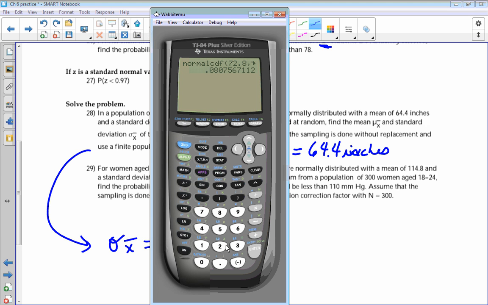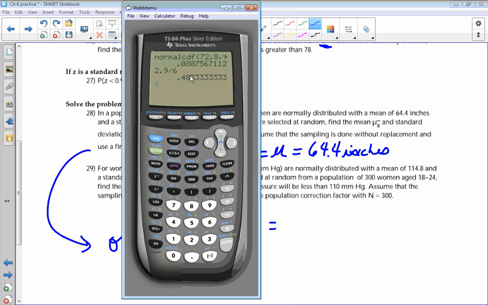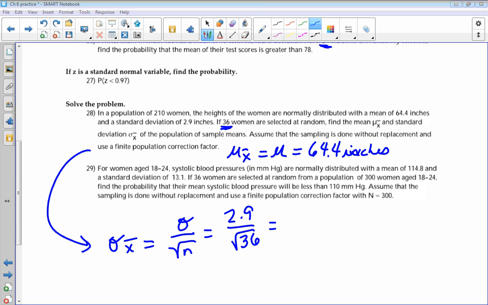So 2.9 divided by 6, and I'm going to get 0.48. And here's this rounding thing, and we know if we're rounding correctly, it's going to be 0.48.